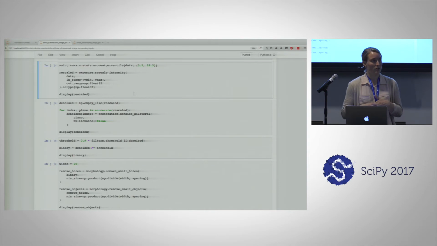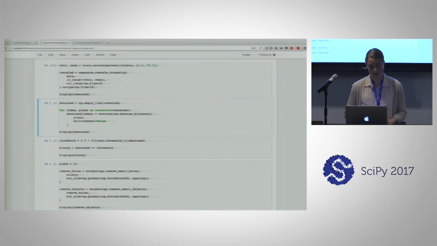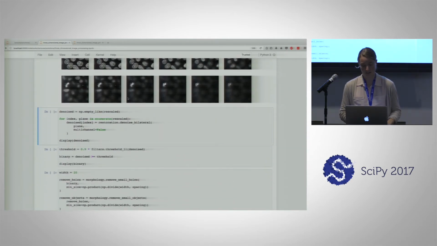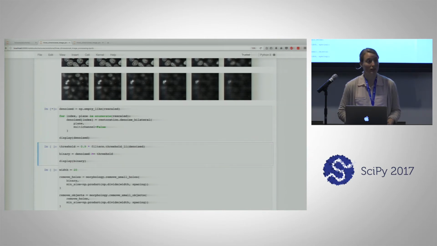I've chosen to use the rescaled image where we clipped the brightest and darkest 0.5% of the pixel intensities. Likewise, I've used the bilateral denoising.